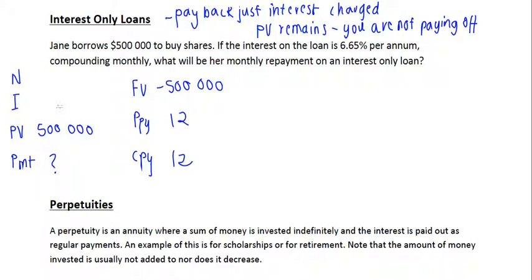The interest is 6.65%. And what you put here for N with interest-only loans, it doesn't matter. You can just put, say, 12, looking at 1 year. Even if you just put number 1, it would still work. You'll get the same amount because she's paying this same amount back indefinitely until she can pay more, until she can start to reduce what she owes.